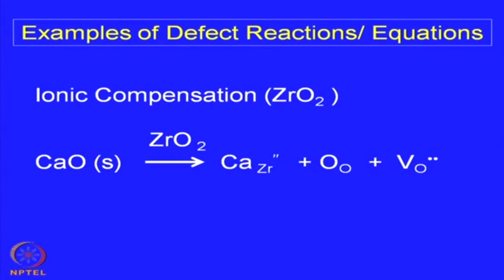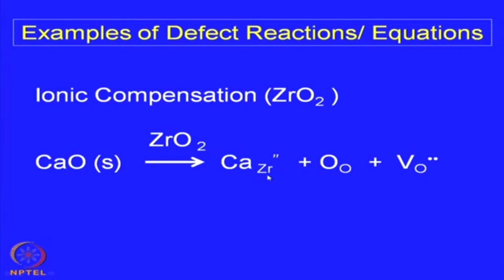By adding these, there is what is called allovalent substitution. That means zirconium 4 plus has been substituted by calcium 2 plus. So, there is a charge imbalance in the cationic site. Calcium goes to the zirconium site.